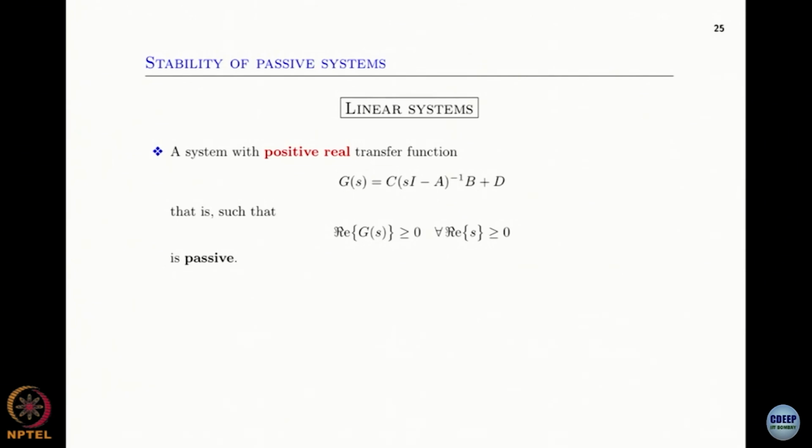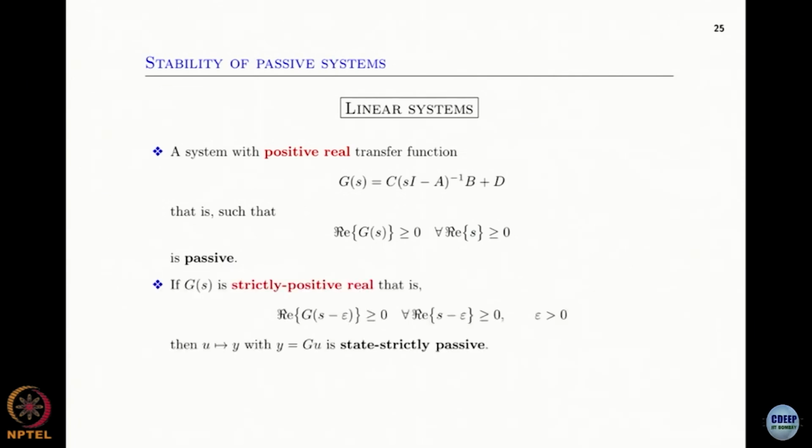We say that a transfer function G(s) for a linear system with A, B, C, and D matrices is said to be positive real if the real part of the transfer function is larger or equal than 0. The nice thing about this is that a positive real system is passive.